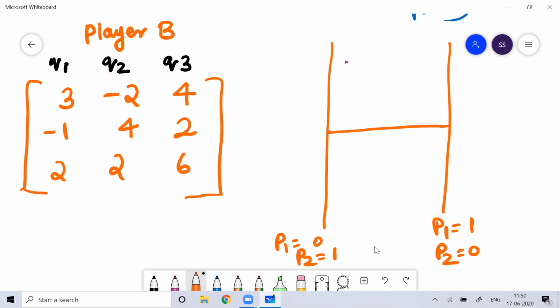It doesn't matter whether I write p1 p2 or q1 q2. But to solve by the graphical method, there should be at least two variables, either row-wise or column-wise. That is also not there here.